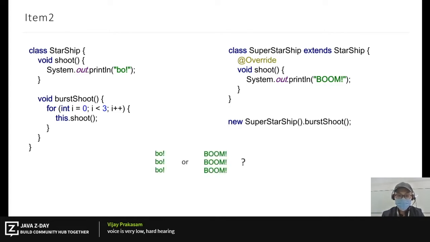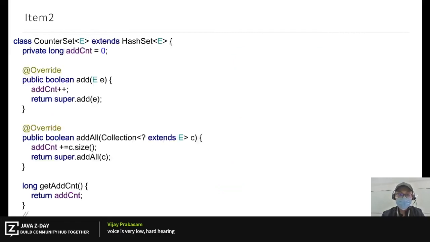So simple bullet or boom, which one? Actually, this is pretty much intuitive and by design. It's this one. If you think of it simply in an object-oriented programming way, but sometimes it could have some problems.